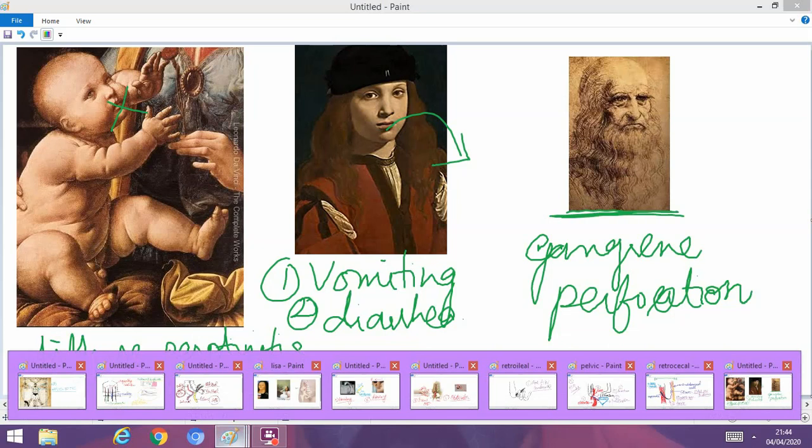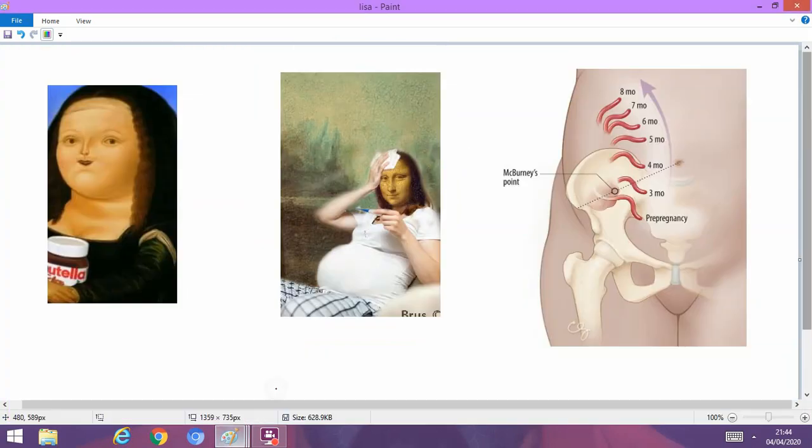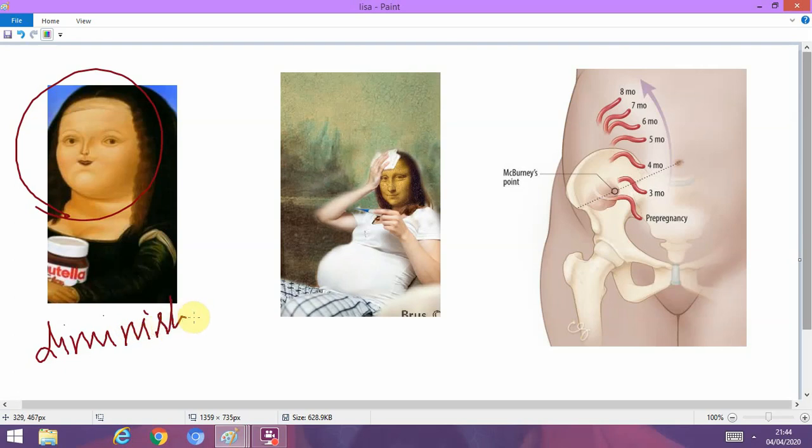Two more criteria that we can see here are obesity and pregnancy, the fat and the fetus. In an obese person, it is extremely difficult to diagnose appendicitis because of the diminished local signs. So, let's write it this way: diminished signs.